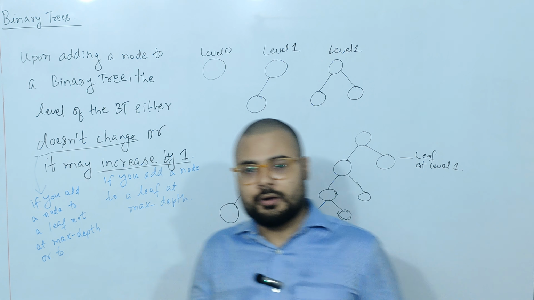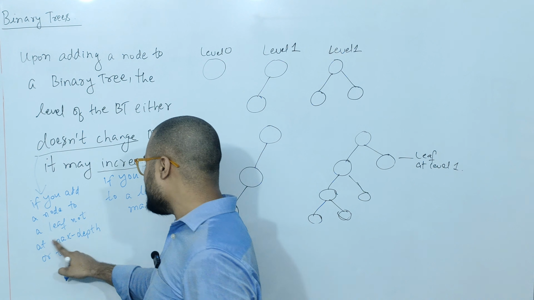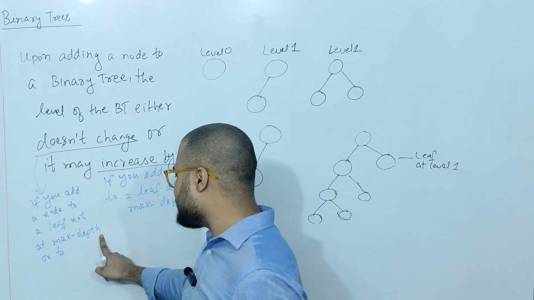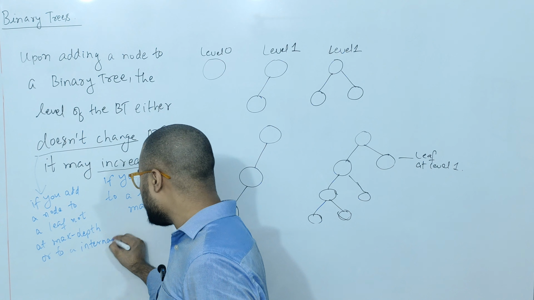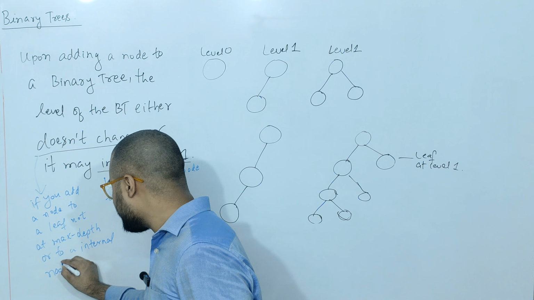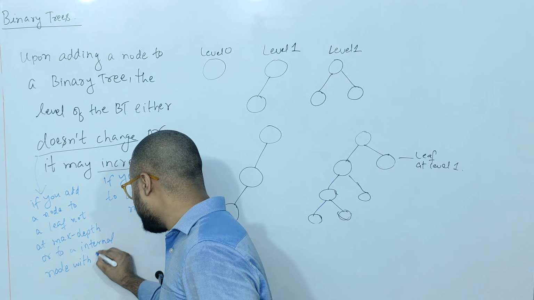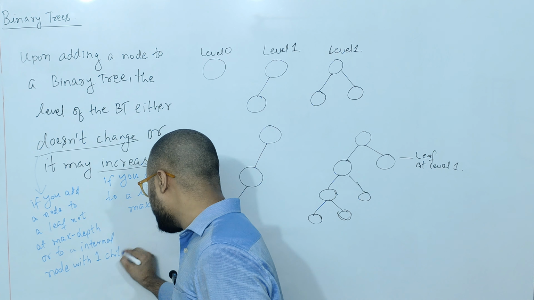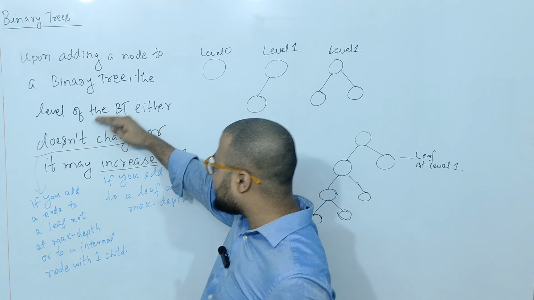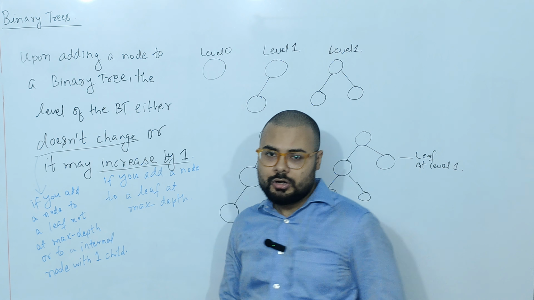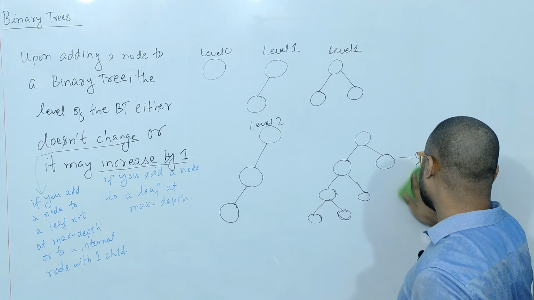Because if an internal node already has 2 children, you cannot add any more children. So if you add a node to a leaf not at the maximum depth, or to an internal node with 1 child, in that case the level of the binary tree will not change. Okay, so this tree I just drew to explain, so I'm removing it.